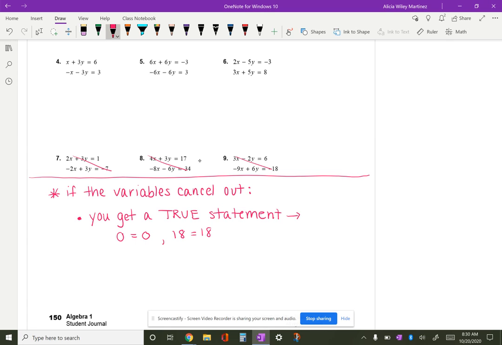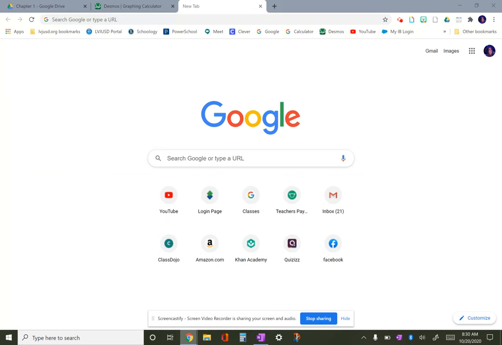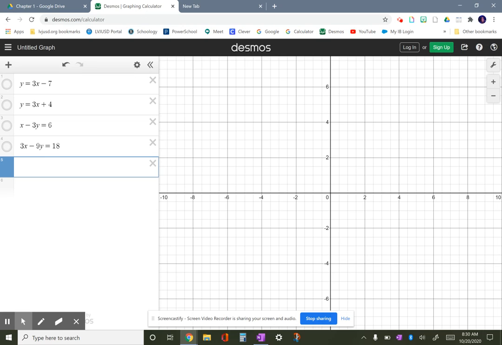This is going to be, well, let's take a look at Desmos and see. So I'm going to quickly click over to Desmos. I already have these in my Desmos graphing calculator. So this was our first equation. So there it is. And then here is our second equation that we had there.